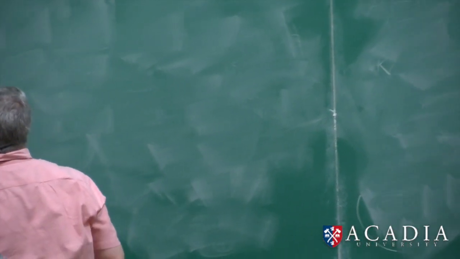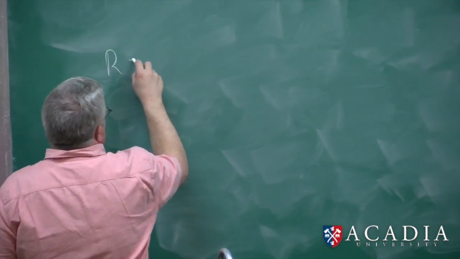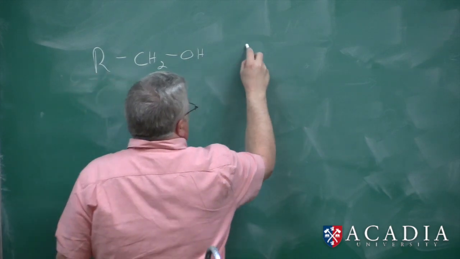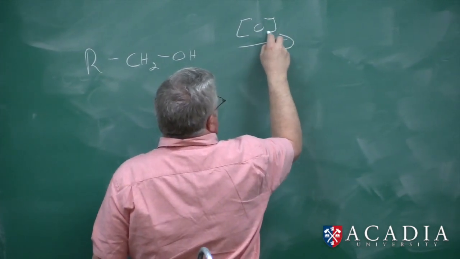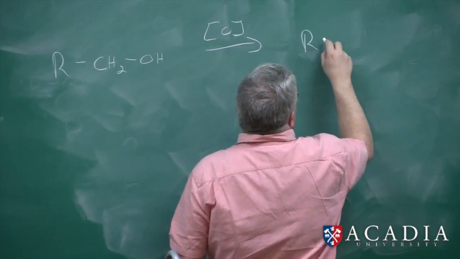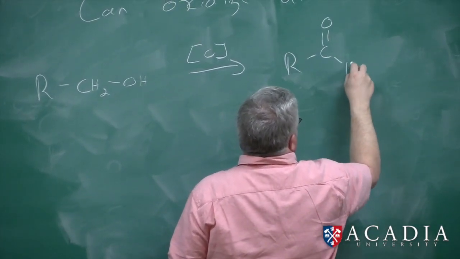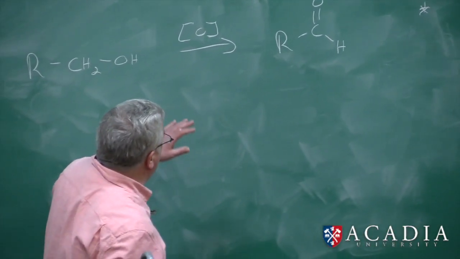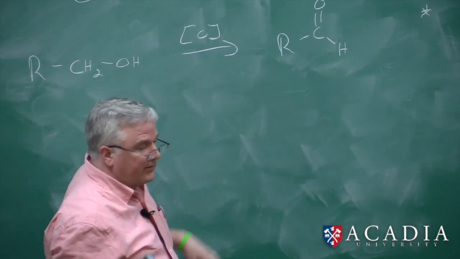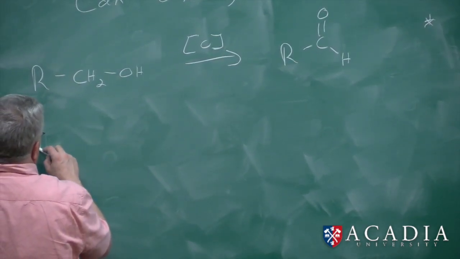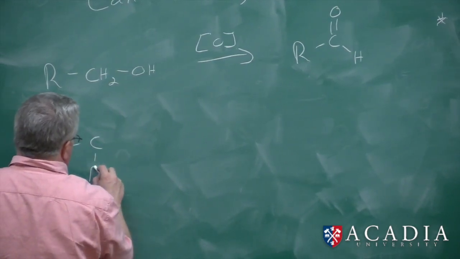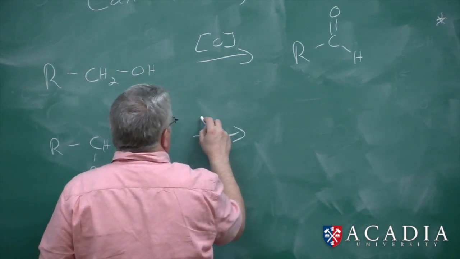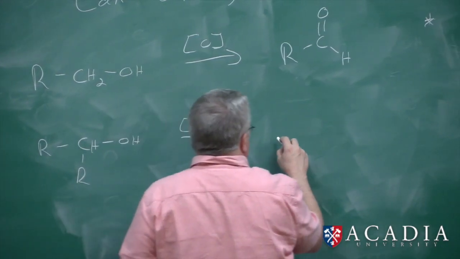Okay, if we have a primary alcohol, we can get aldehydes. Okay, and I'm going to put a little star here. I'm going to talk about this in just a second. We can oxidize primary alcohols to get aldehydes, and we can oxidize secondary alcohols to get ketones.